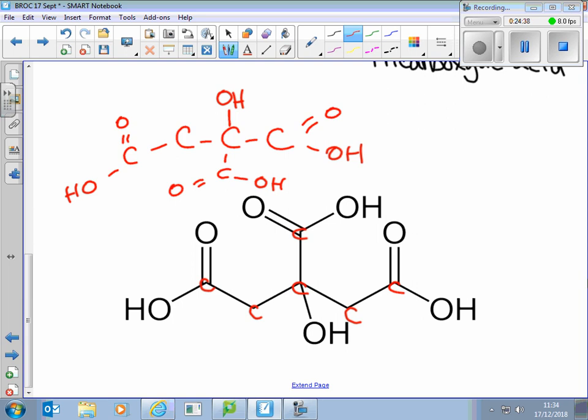There should be some H's coming off here as well, but you always assume that your carbon's got to have 4 bonds. So 1, 2, 3, 4, 1, 2, 3, 4, 1, 2, 3, 4. There's something missing. What did I do? I'm missing a C, yeah. I still can't get it right. COOH. Oh, there we go. And I've joined it up and it's a real mess.